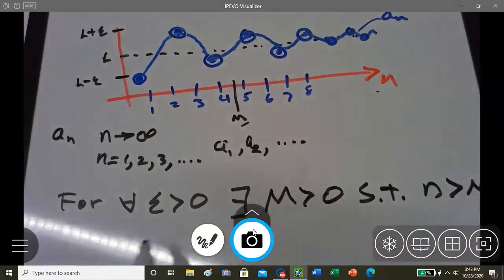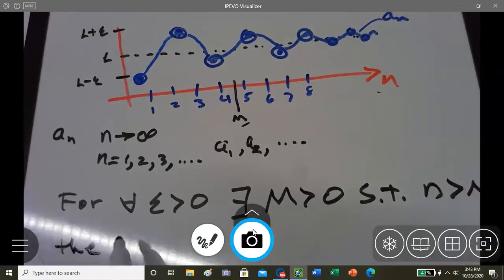And so then from that we can state that our sequence, instead of f of x, we're using a sub n, the absolute value of our sequence minus its limit is less than epsilon.